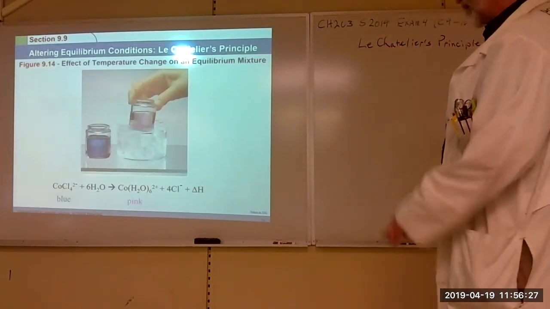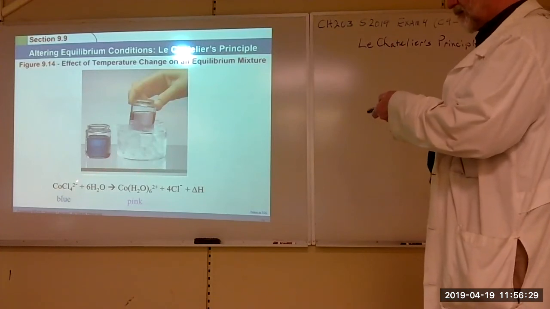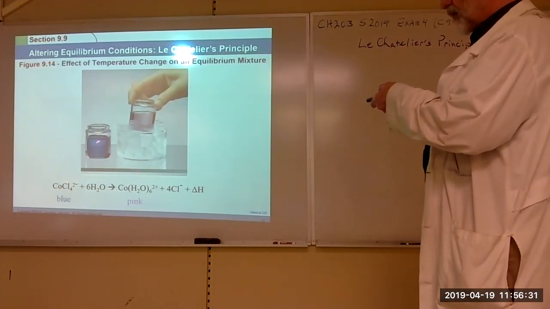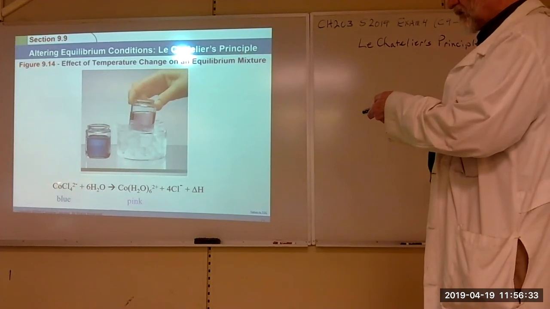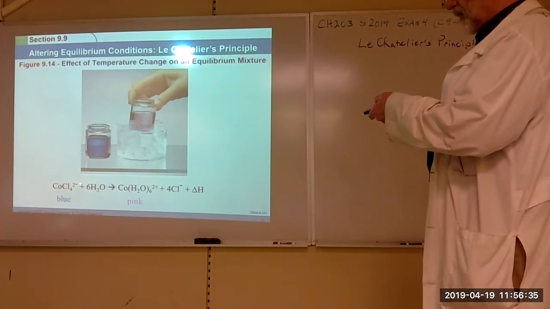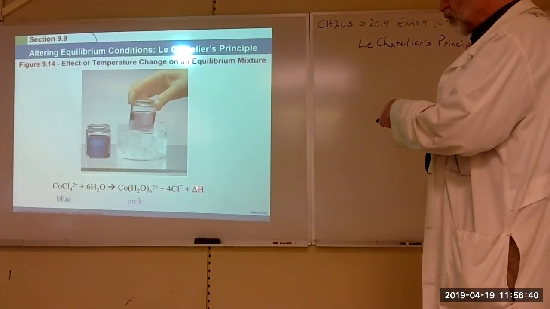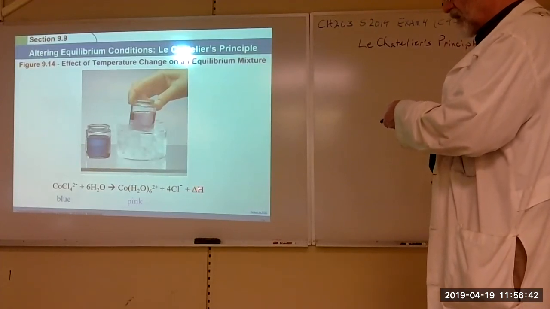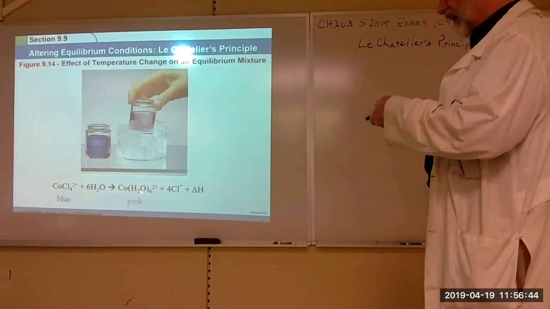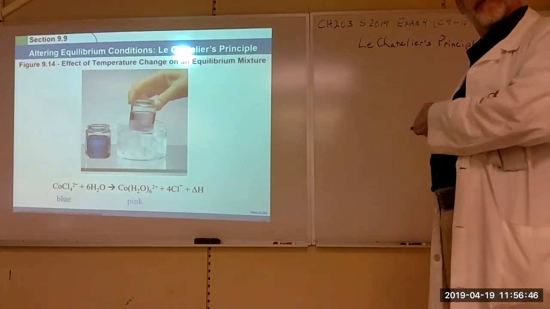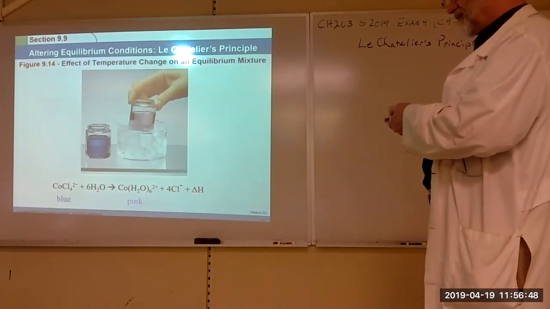Okay, we changed the temperature of this one. At room temperature, the blue part is favored. We decrease the temperature, removing some heat, and it drives the reaction toward the pink. This is exothermic.